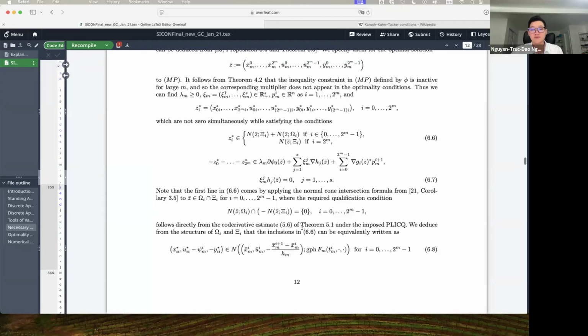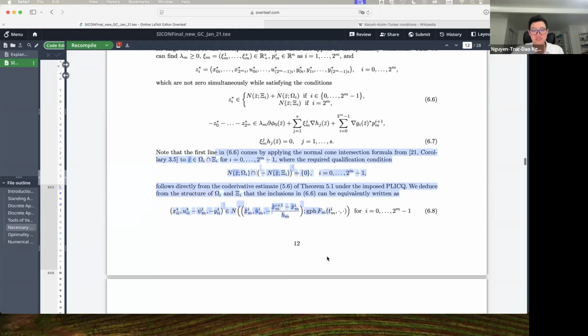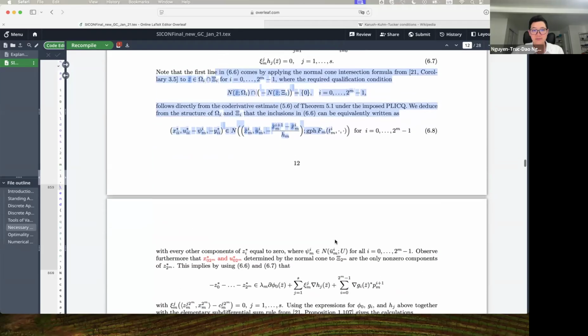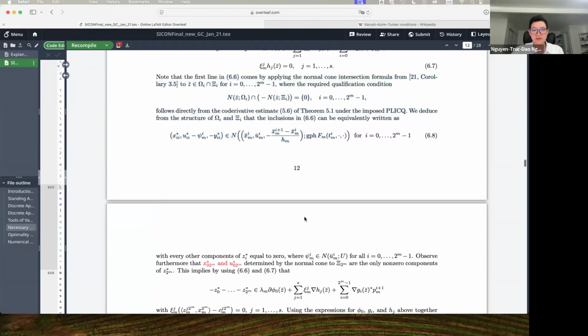For this part, I'm going to discuss it separately later, because it takes about a page to explain this inequality.